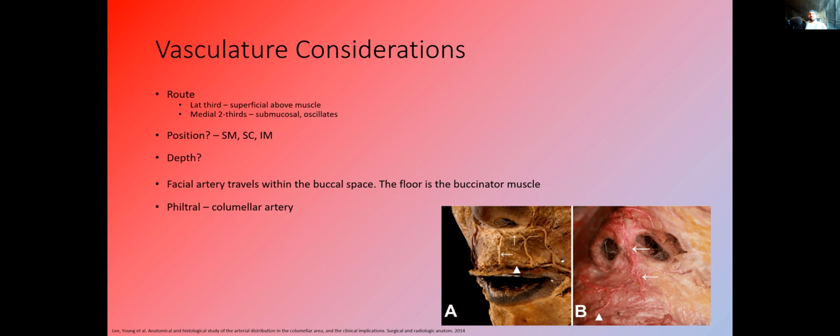Is the artery submuscular, subcutaneous, submucosal, or intramuscular? And what depth is it? Are the arteries 2 millimeters deep, 3, 4, 6, 9? Being aware of these will improve your practice and make you a safer practitioner.